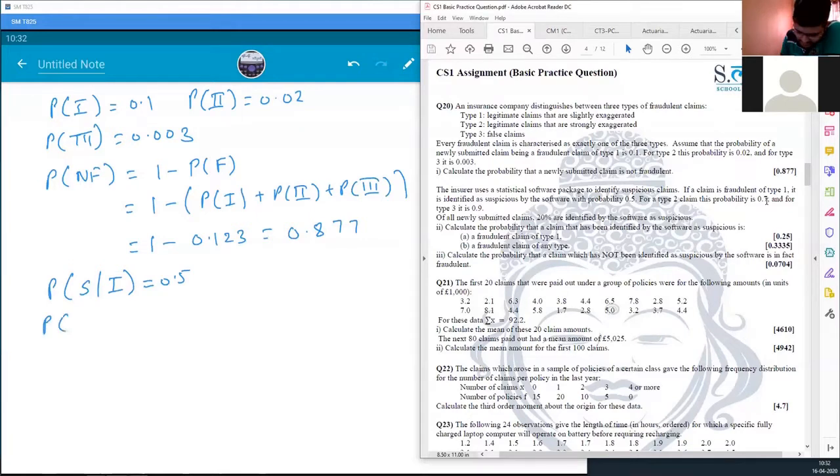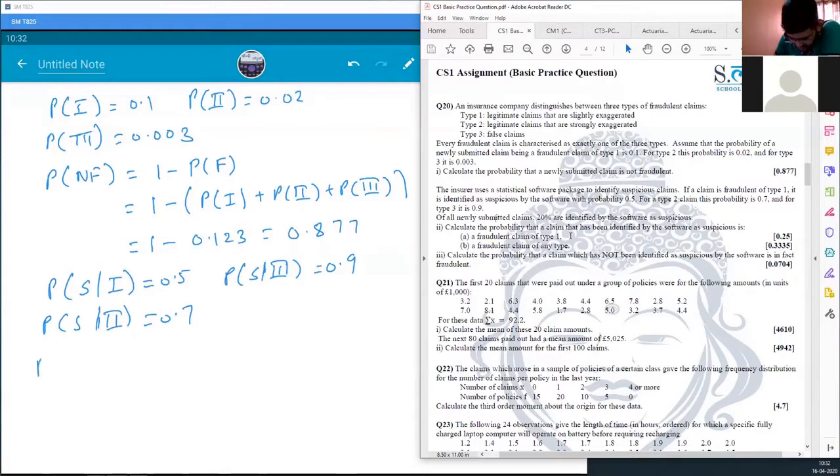So the probability of suspicious given type 2 is 0.7, and for type 3 it is 0.9. Calculate the probability that a claim identified by the software as suspicious is a fraudulent claim of type 1.